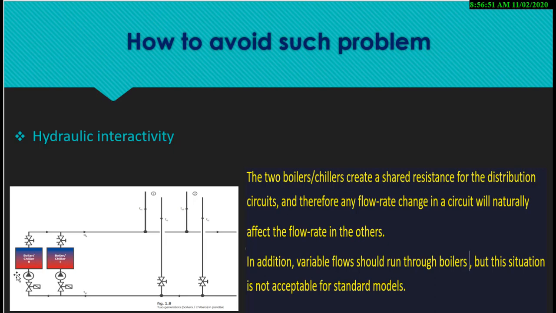Any variation of the flow rate through a single circuit affects the others. The greater the shared resistance, the greater the interactivity between the circuits. The two chillers create a shared resistance for the distribution circuits, and therefore any flow rate change in a circuit will naturally affect the flow rate in the other. In addition, variable flow should run through boilers, but this situation is not acceptable for standard models.